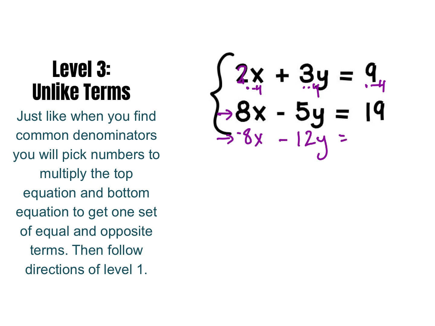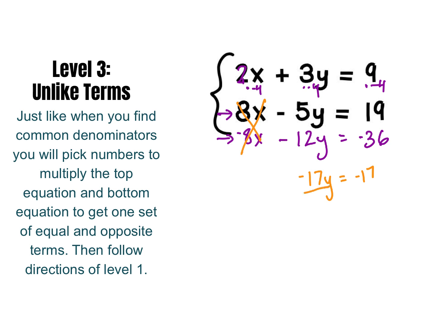And 9 times -4 is -36. Okay. So the first term gets eliminated. They're equal and opposite. The second ones, I add them up and I get -17y. And the next one I add up and it looks like I get -17.